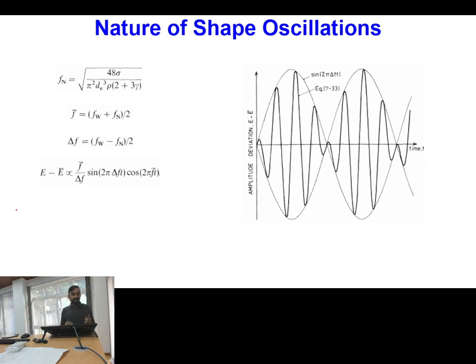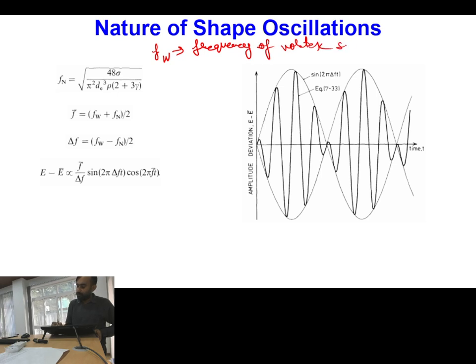Typically, Fw is the frequency of vortex shedding, and Fn is the natural frequency of the droplet.